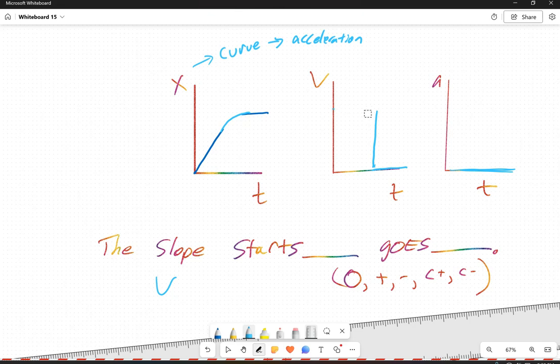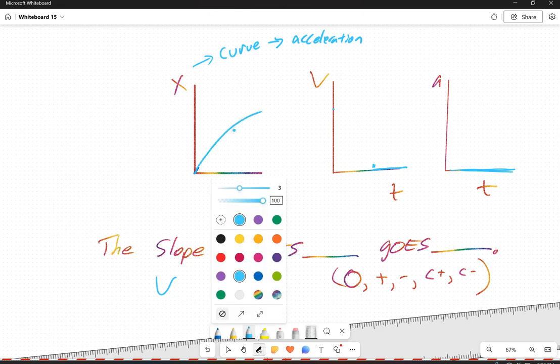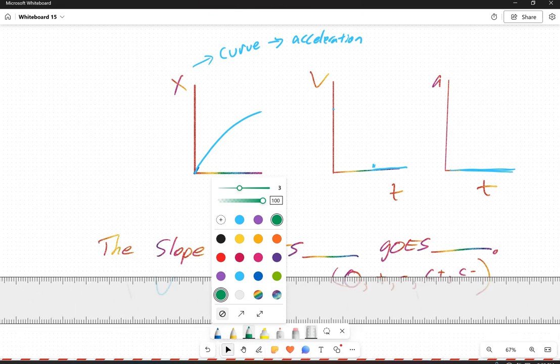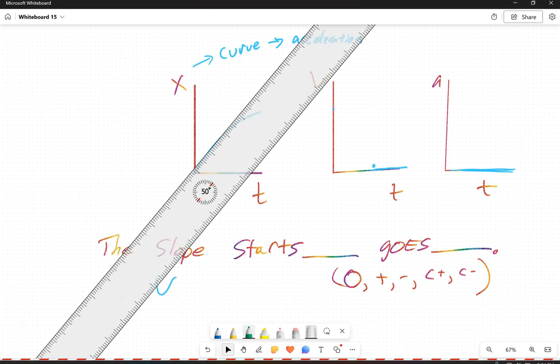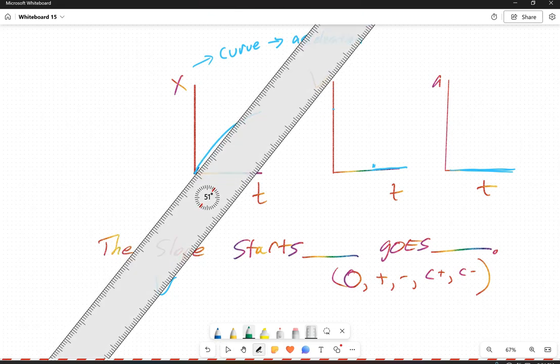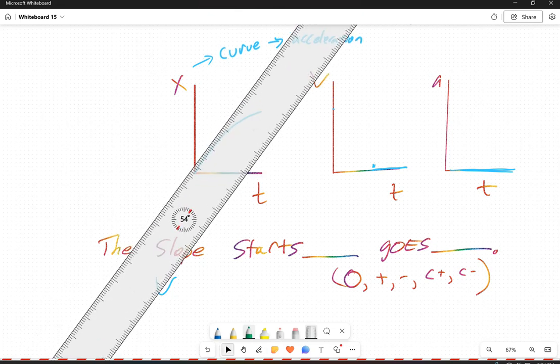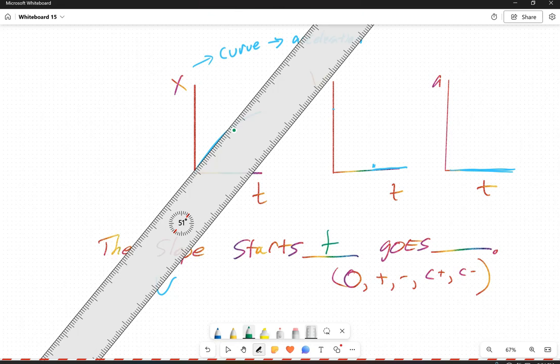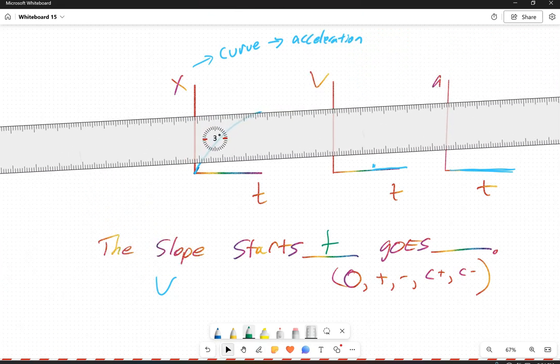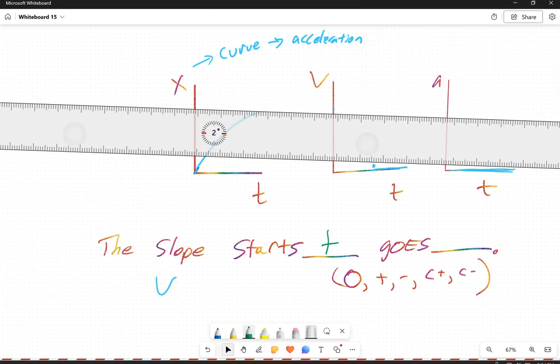So now, let me just redraw this, and then we'll change colors. So now, my slope starts what? Positive. Is it constant? No, it's not a constant positive. So it starts positive, and where does it go? To 0.